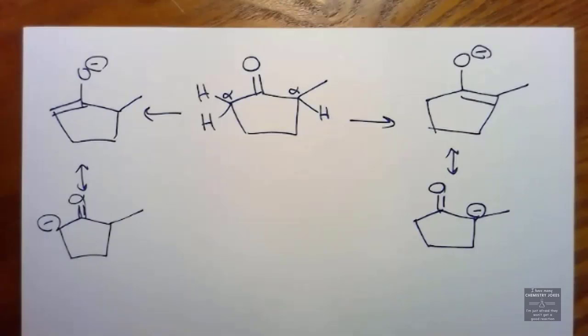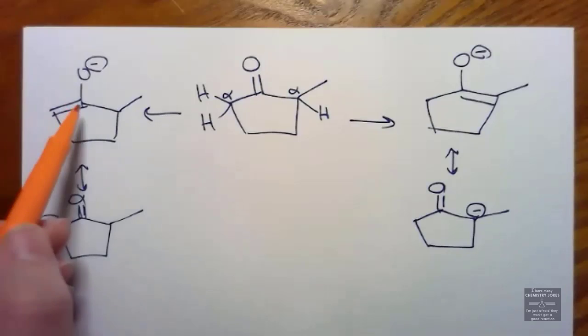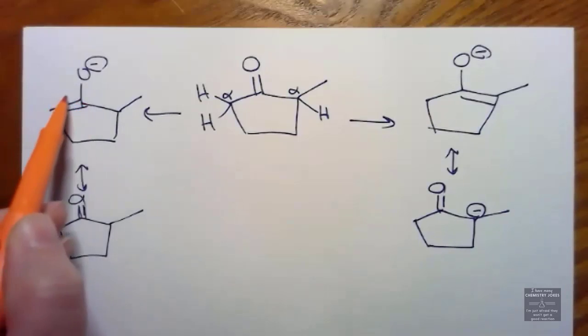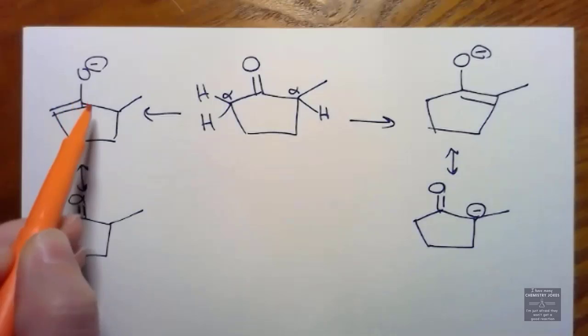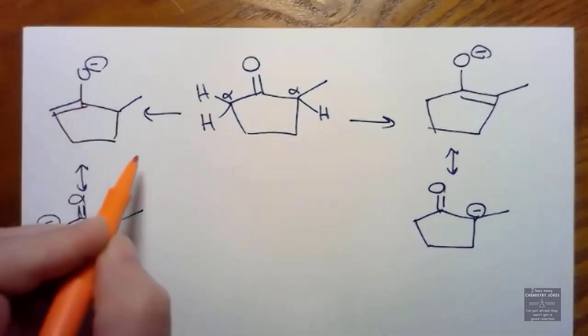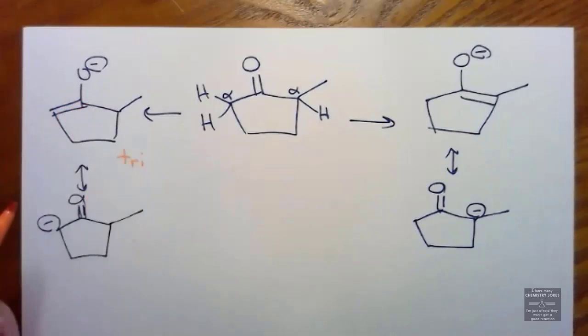Oh, brother, this again? Unfortunately. Do you remember when we talked about kinetic and thermodynamic stuff, and we talked about 1,2, 1,4 addition stuff? We looked at the alkene to figure out the stability. This is a tri-substituted alkene.